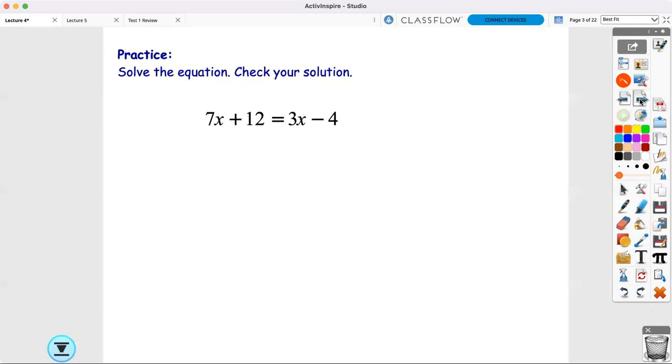If you finish, type the solution in the chat, but do not press enter yet. Once you find a solution, make sure you remember how to write a solution. You must include the variable first, x equals.